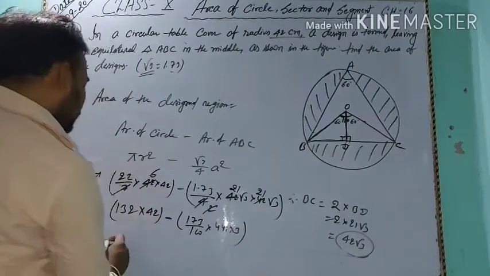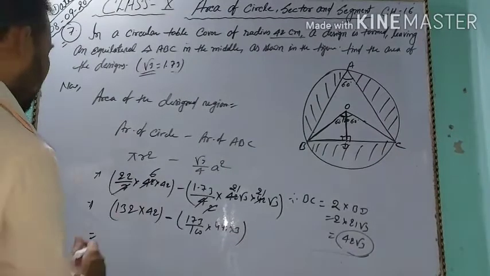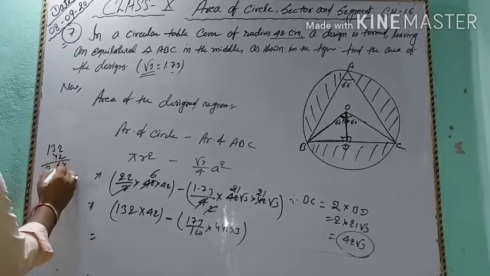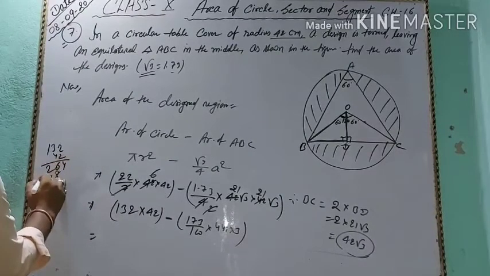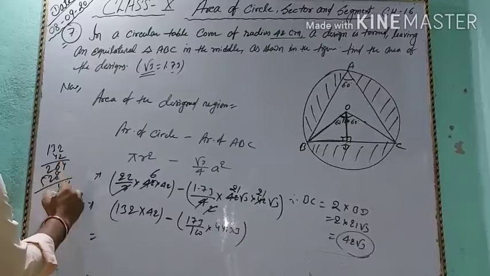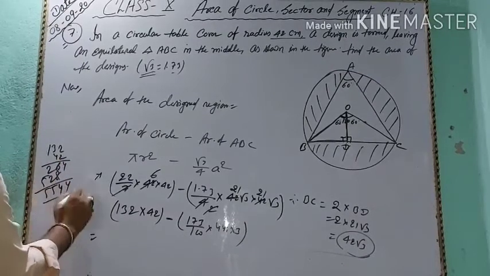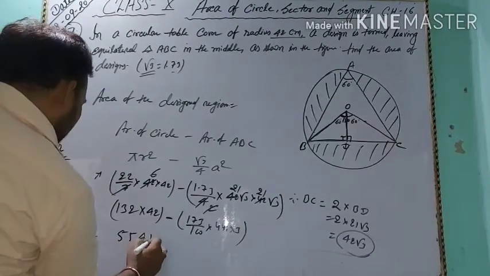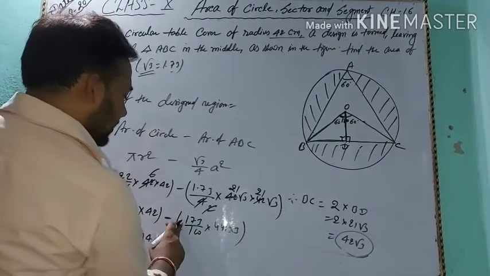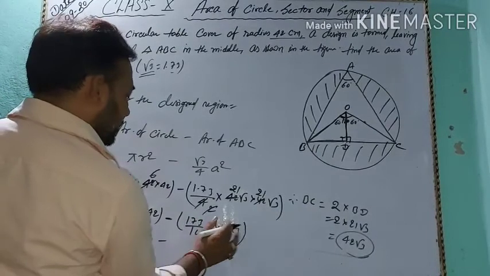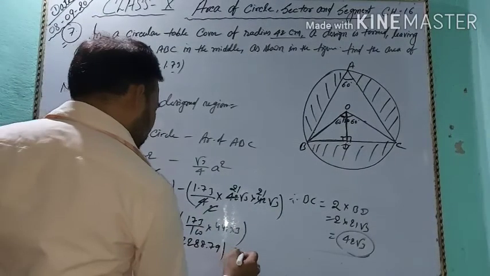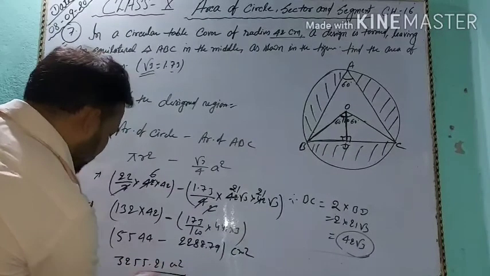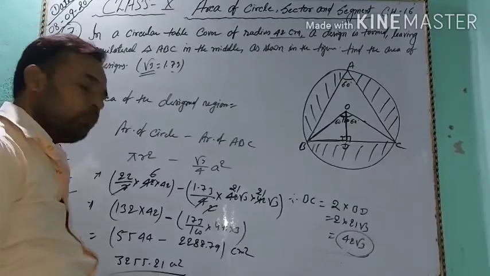So students, 132 multiply 42 that is the 5544 minus 173 multiply 441 multiply 3, is a square centimeter, 3255.21 square centimeter.